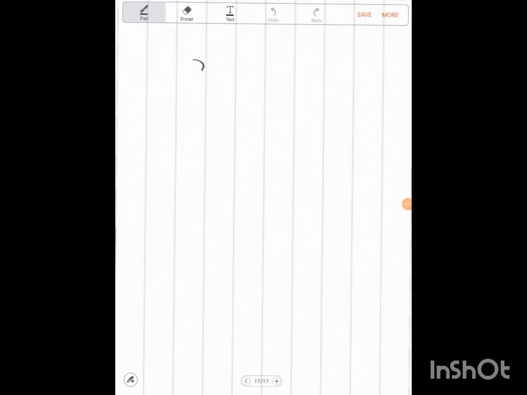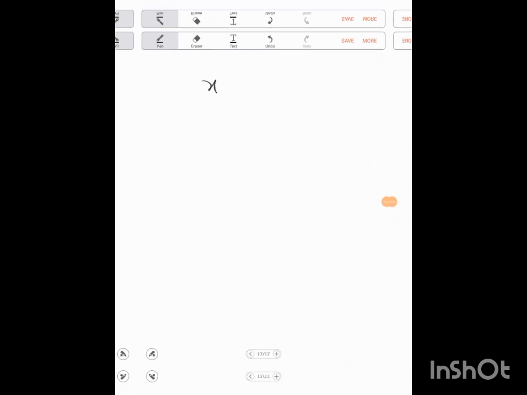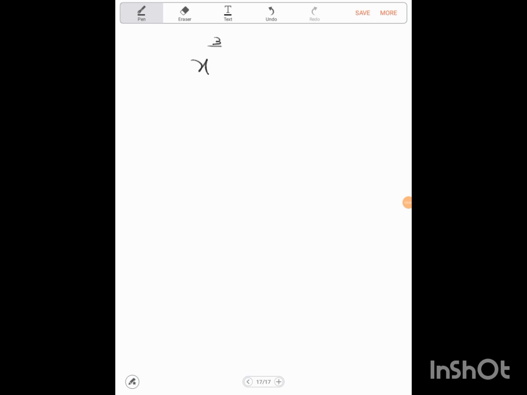In case you have x to the power of 3 upon 2 equals 64, and now you want to make x the subject of the formula, you will take the power on the opposite side and it's going to get reciprocated.